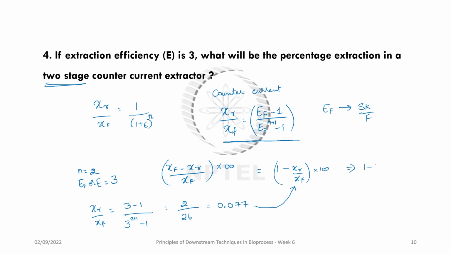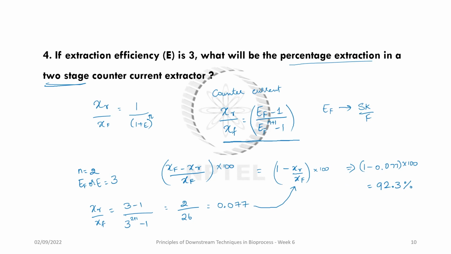So 1 minus 0.077 into 100 would be 92.3%, because they've asked you the answer in percentage extraction.